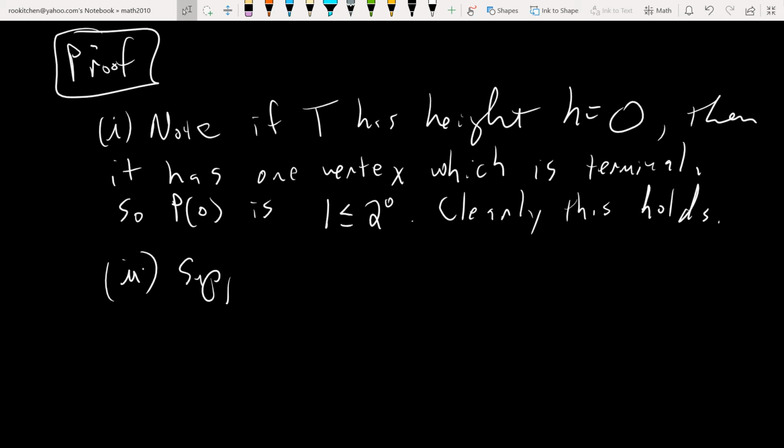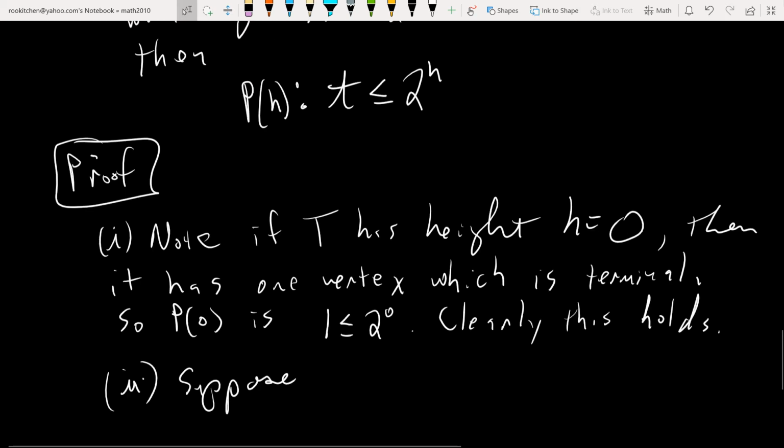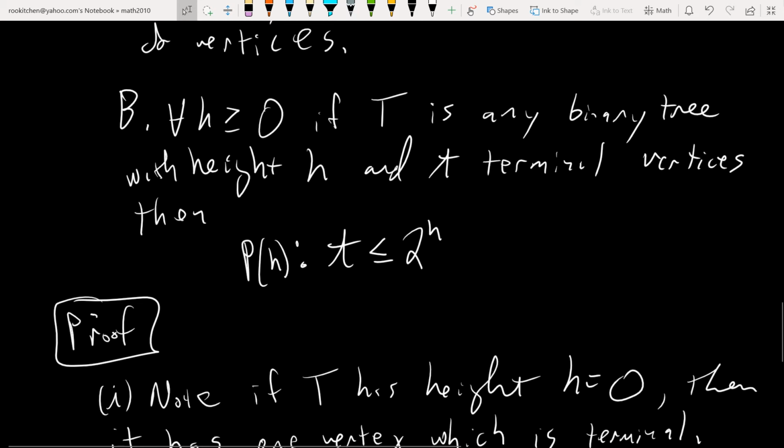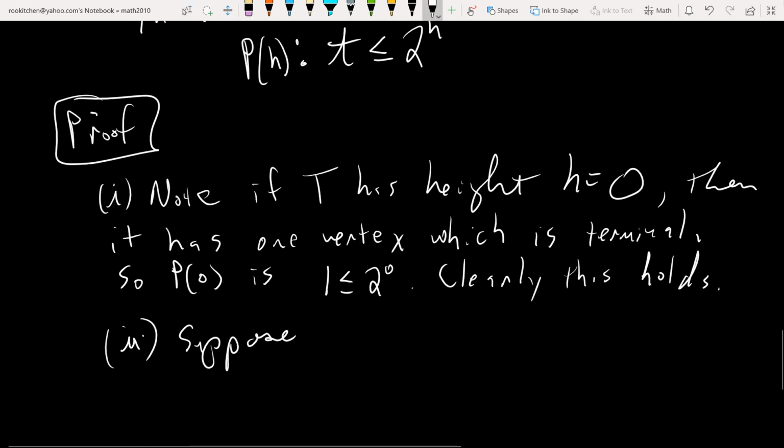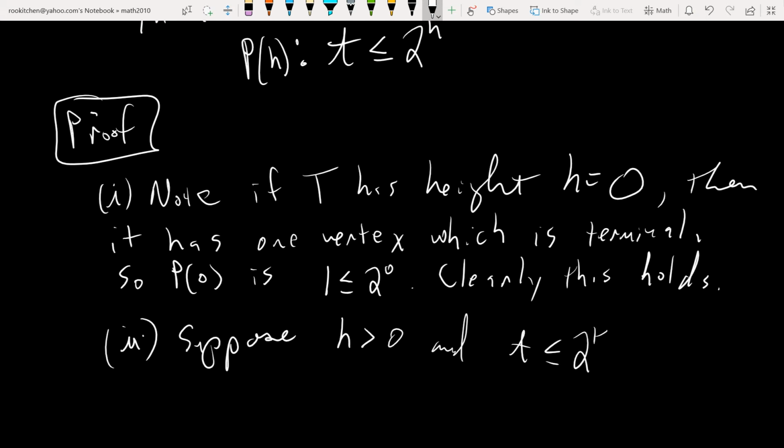We're supposing then all of the stuff we need. So T is an arbitrary binary tree. H in this case is greater than 0. Suppose H is greater than 0, and P of k is true, right? So T is less than or equal to 2 to the k.